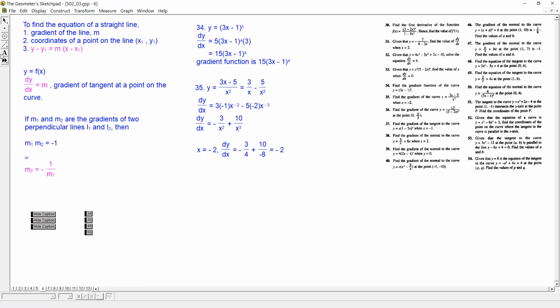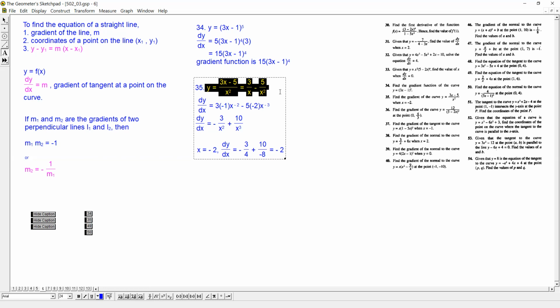How to find the y coordinate? You have to substitute the x into the equation involving y, and it will give you the y coordinate. Li Ying, you remember the previous exercise? There's one question like that, asking you to find the y coordinate.